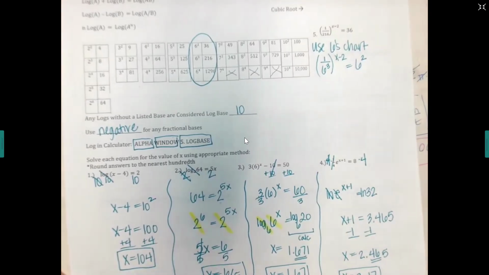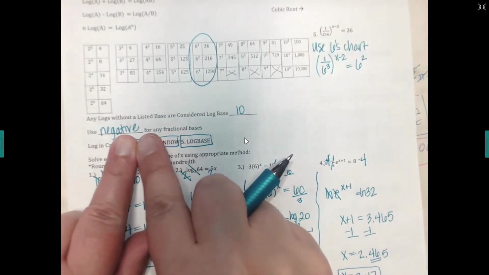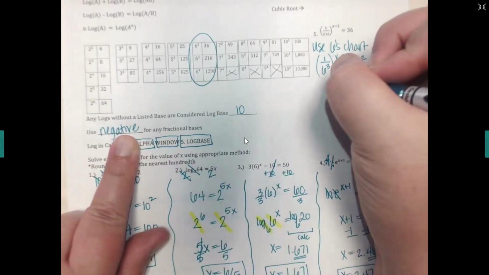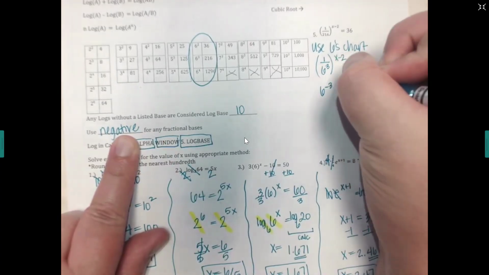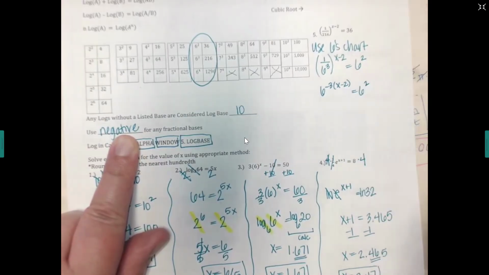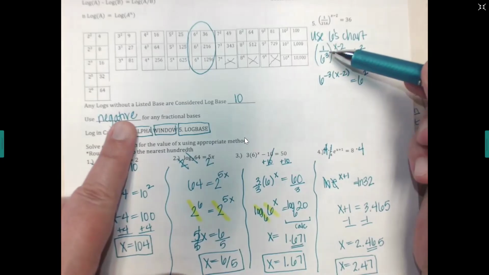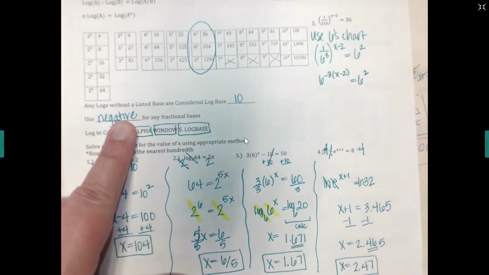Now notice I can't cross those 6's out right now because this 6 is on top, but the first 6 is on the bottom. So what do we use if we have a fraction? Use a negative. So my 6 to the 3 is going to become a 6 to the minus 3. That way I can cross those guys out with each other. Okay, so if it's a fraction, you just apply a negative to the exponent.